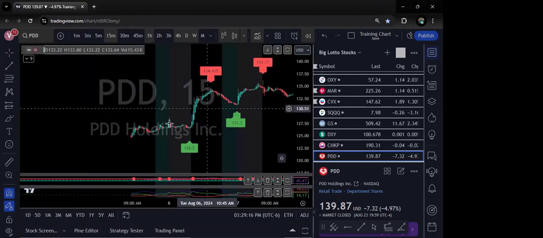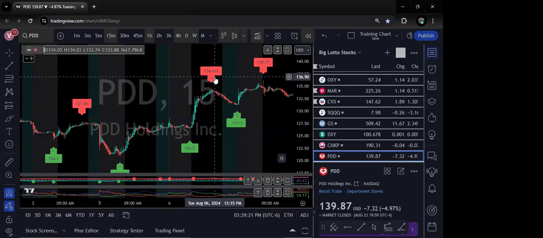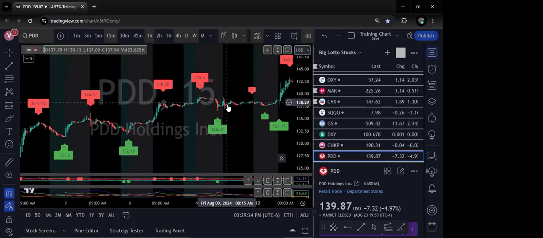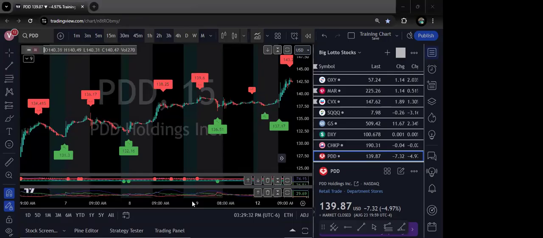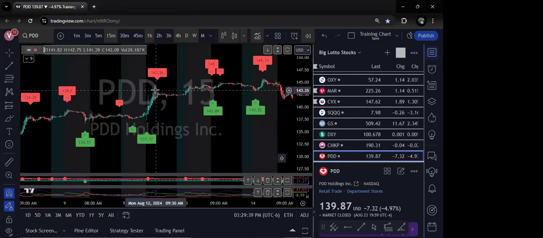So here from the 5th to the 9th, we had hit 130, so 134, 136, but did we touch 140 up to the 9th? No. So the following week, you want to see, did it break above that 140? Yes, it did.